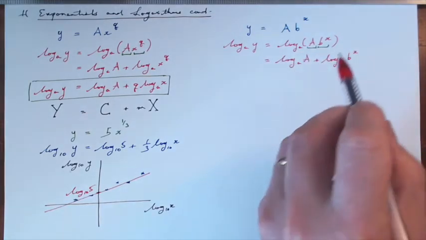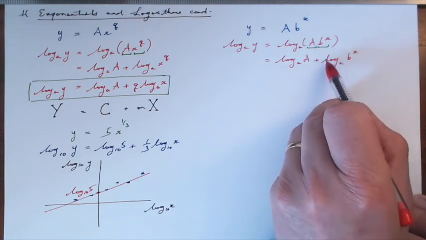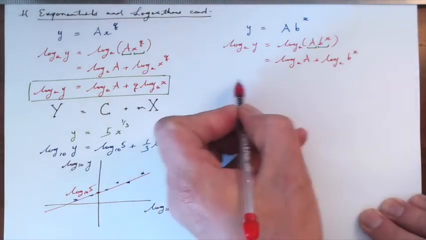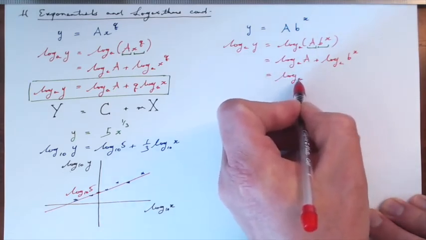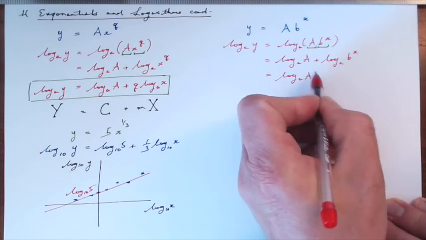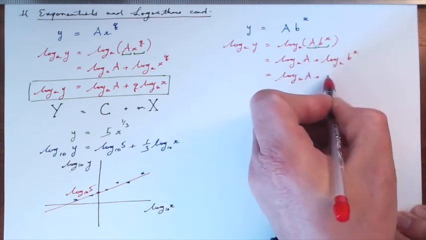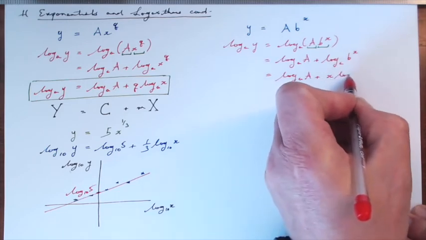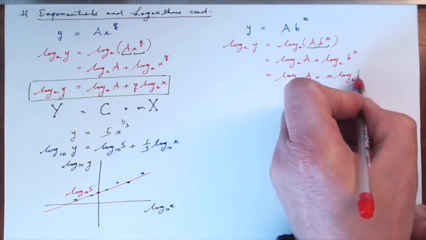And then I can use the third law of logarithms to get this power outside of the logarithm. So I will have log to the base little a of capital A plus x now coming outside, log to the base little a of b.